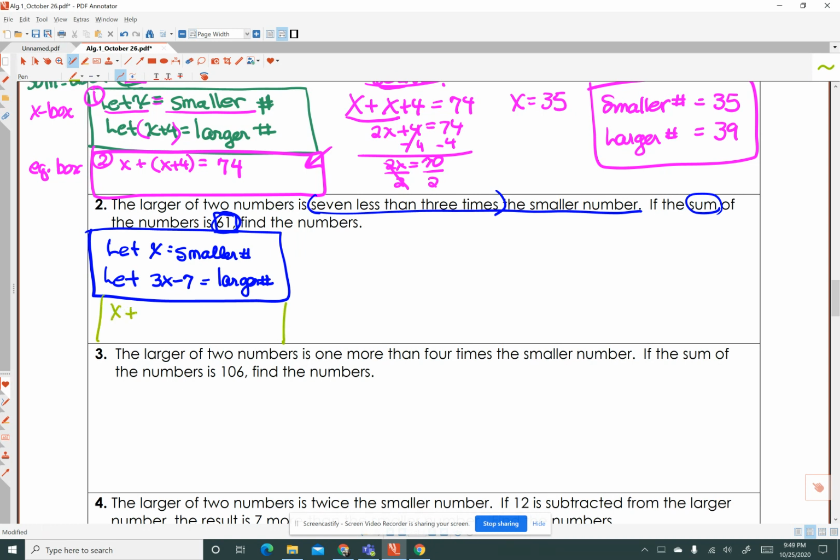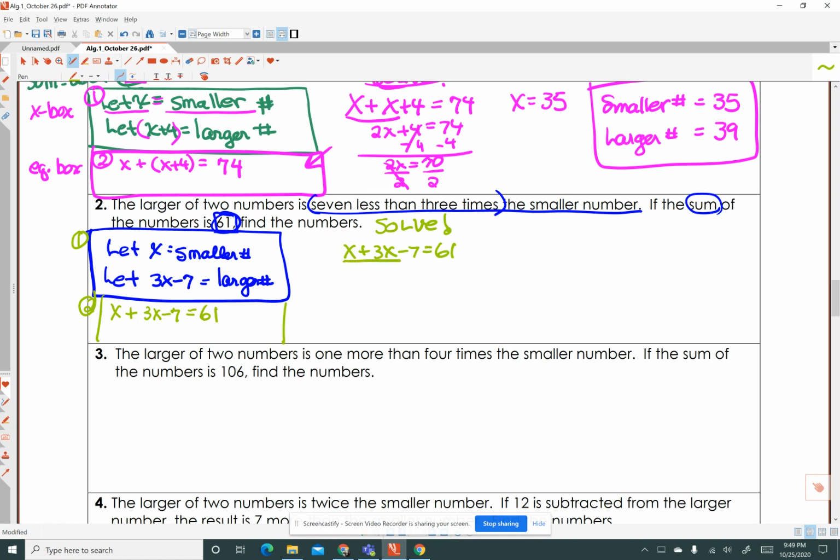X plus 3x minus 7 equals 61, and that's our equation. So here's our step 1, here is our step 2. So let's write our equation over here in the middle and we'll solve. That would be x plus 3x minus 7 equals 61.